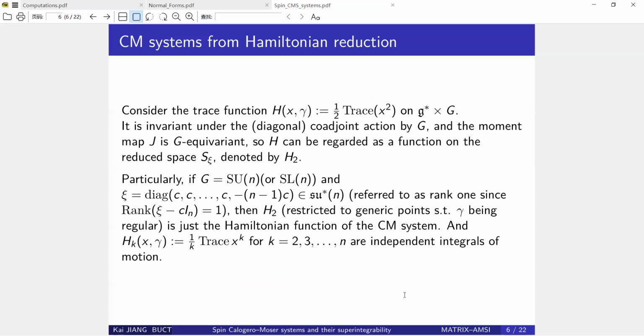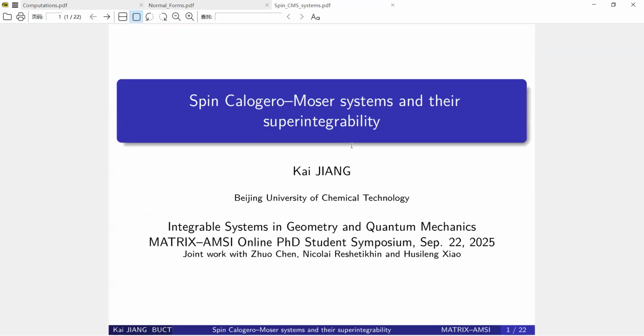After this, we can consider the trace function H(x, gamma), defined by the trace of x squared on the cotangent bundle, trivialized by left or right trivialization. By concrete computation, we can see that this definition is exactly what we had at the beginning.